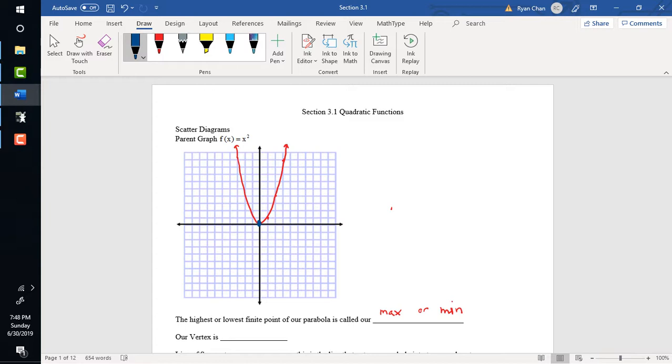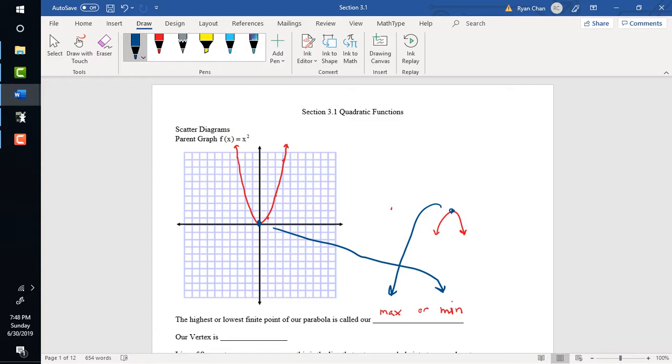It's my smallest point across my parabola. Or if I have something like this, I have what's called a maximum, which will look something like this here, okay? So depending on whether it's opening up or down, it's either a maximum or a minimum.